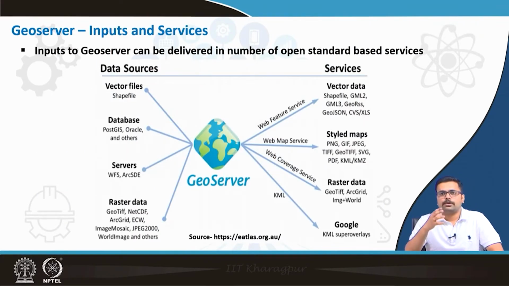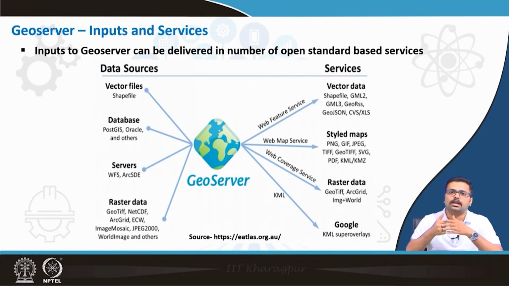If you carefully look at the Geoserver input and the various kinds of services, we can easily take any of our maps, be it vector data or raster, to Geoserver. It serves vector data in the form of web feature service. So you can bring in shapefile, GML, GeoRSS, GeoJSON, or you can also bring in .csv or Excel formats.